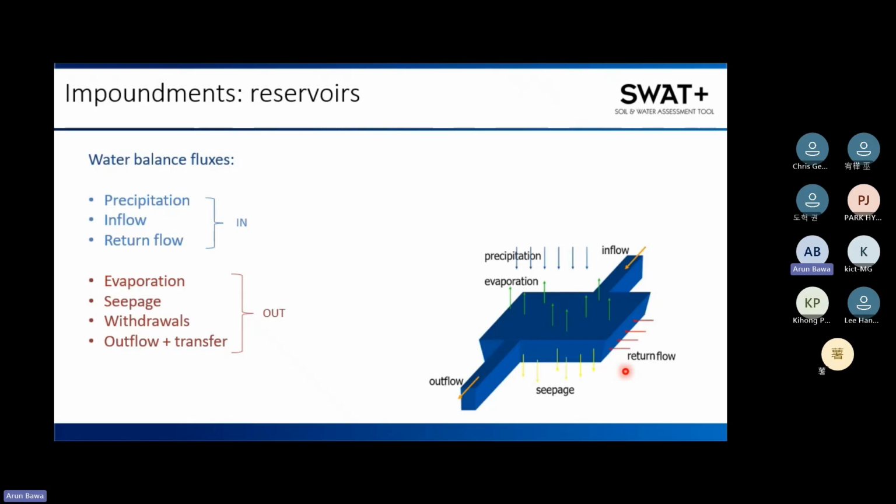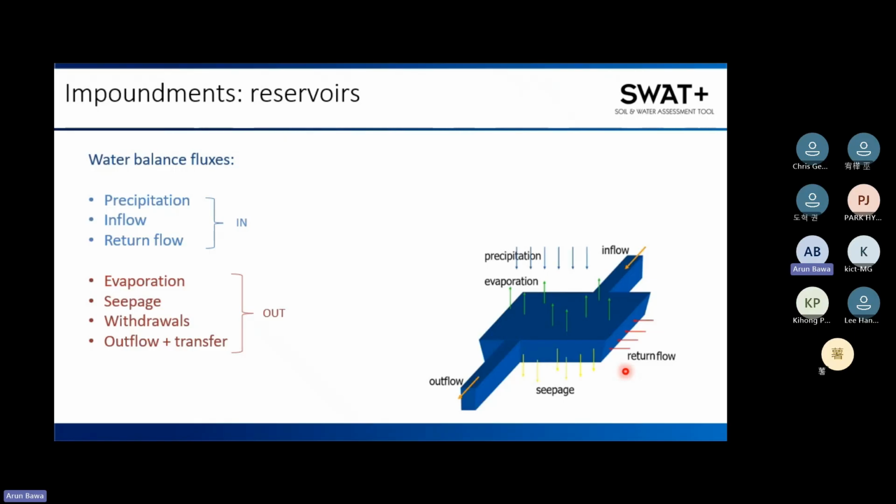So you can utilize the decision table concept to control your reservoirs in great detail, but that is a topic for the advanced workshop. We will not cover it in the beginner workshop, but those things are there so that you can control the water structure very well.